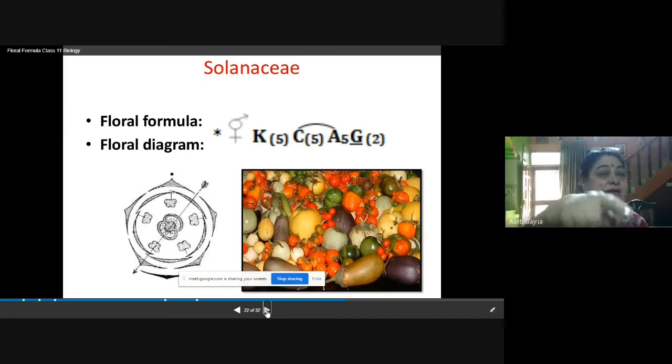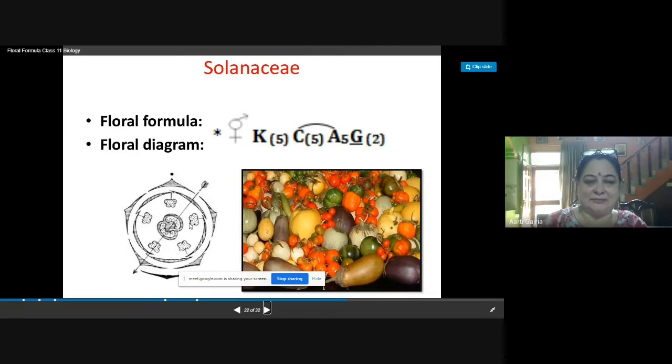That means the corolla and androecium stamens are fused. Then G, there is a line below it. That means the ovary is superior. And 2 means bicarpellary and fused. Bracket means fused. So this is how a floral formula and diagram is shown.